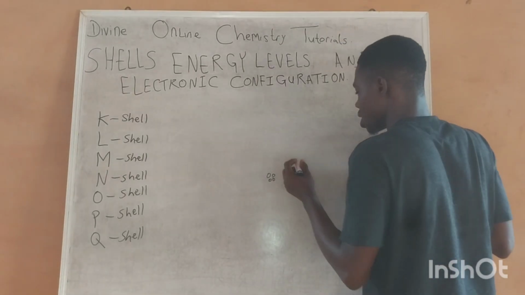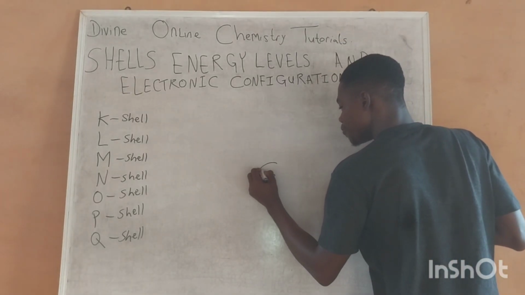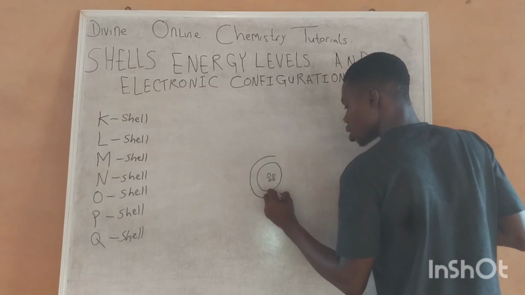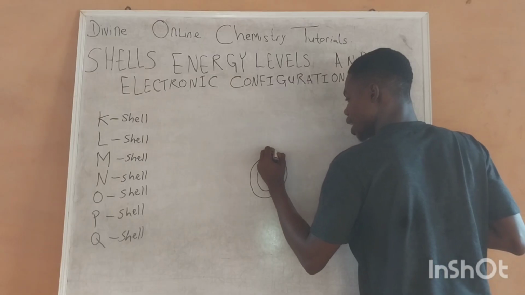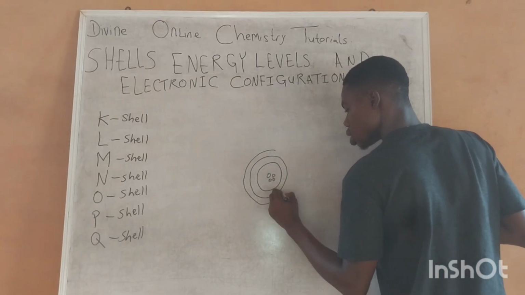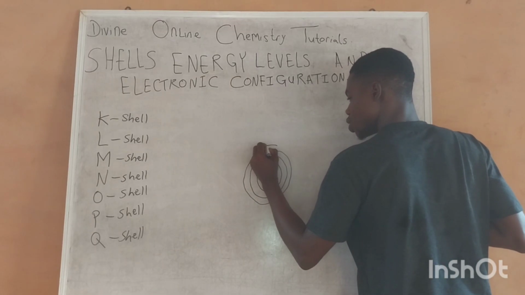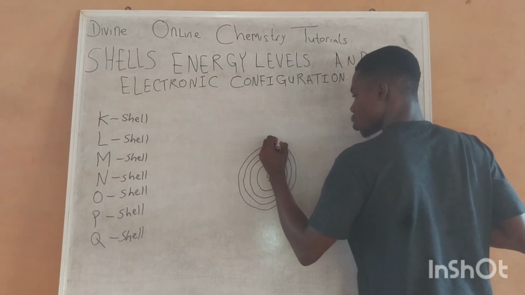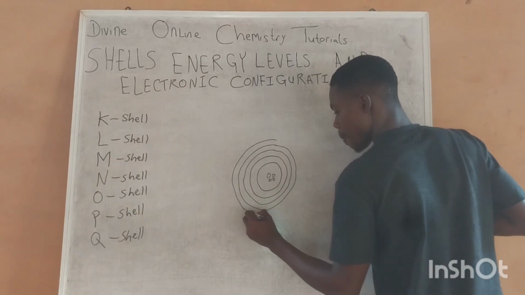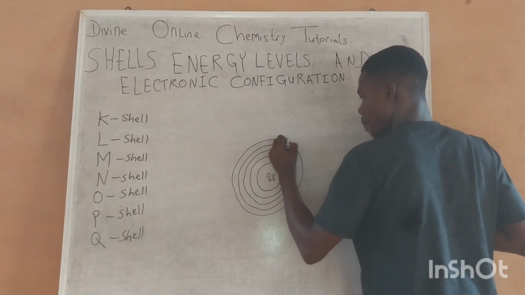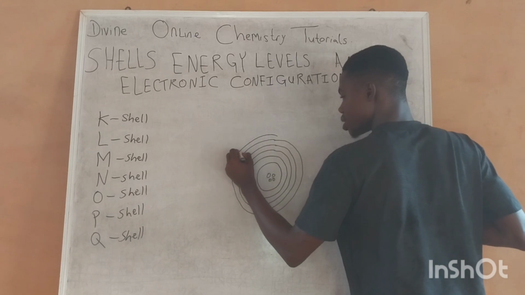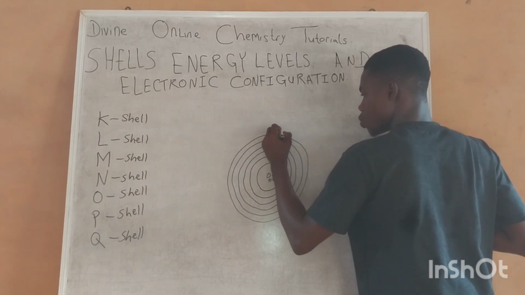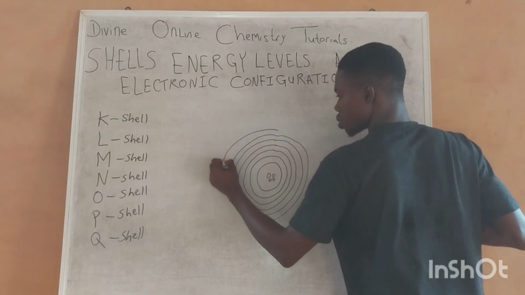So we have the K shell, the next one, which is the L, the next one, which is the M, the next one, the N, the O, the P, and the Q.